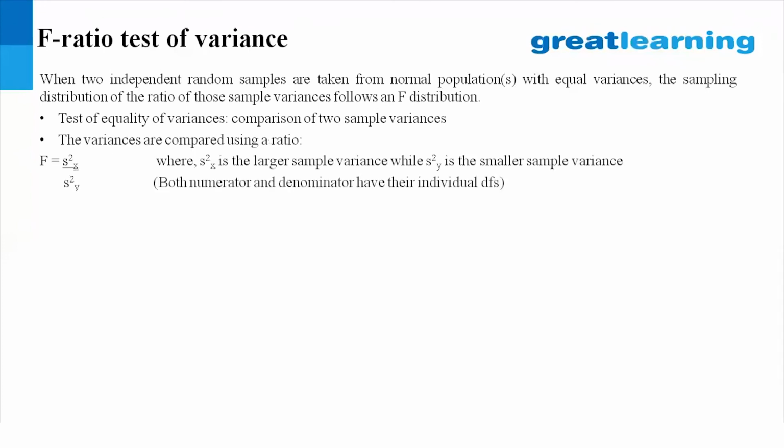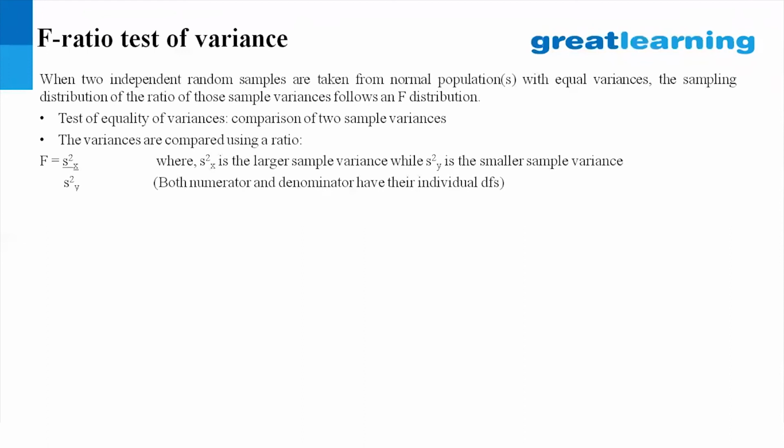So the F statistic is nothing but a comparison between two standard deviations. You have two samples, sample X and sample Y, and you have the variance of both these samples. It is just the ratio of the variances of the two samples.